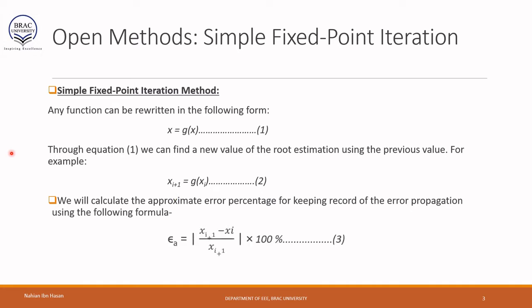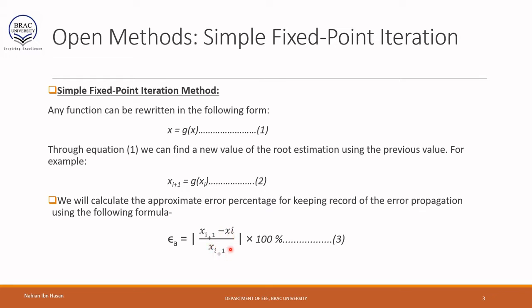Once we calculate the new approximate root at each iteration, we can calculate the approximate error percentage using this familiar formula that we have been using in the last few slides, which is defined as the new root minus the previous root divided by the new root, times 100%. That is, the result of the present iteration minus the result of the previous iteration divided by the result of the present iteration.